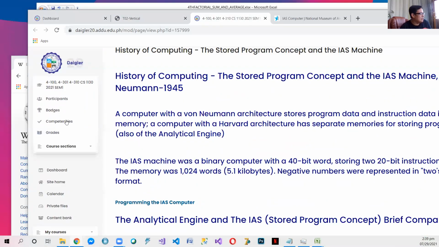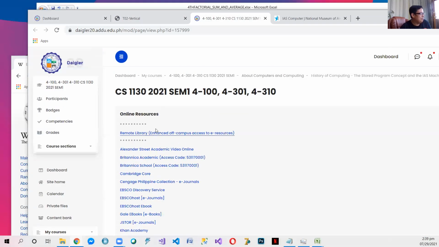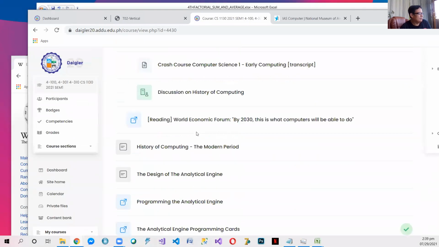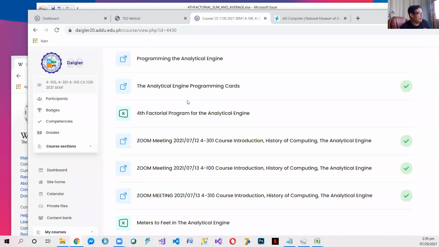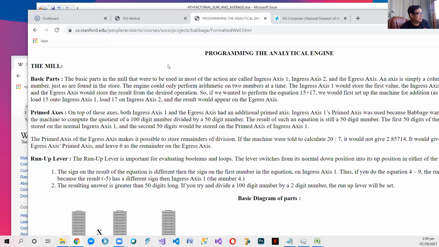Now let's go back to the analytical engine. Okay, so ibig sabihin, if you have a 1 minus 0, that's a 1. If you have a 1 minus 1, that's a 0. Will a jump plus work on a 1 minus 1?